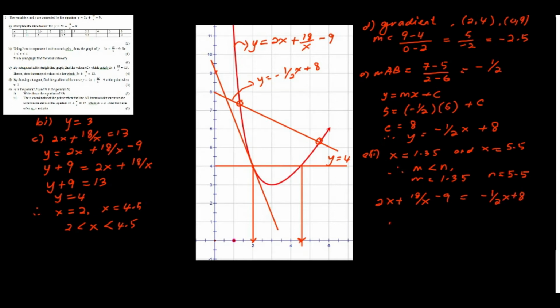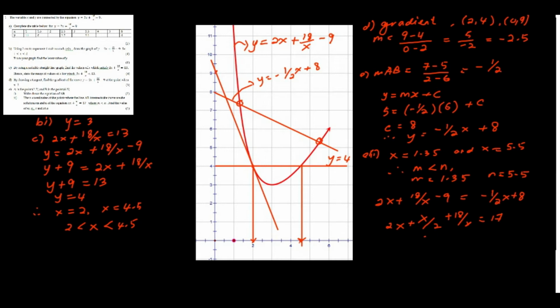You solve this equation and you will get 2x plus x over 2 plus 18 over x equals 17, because you need to get the form cx plus d over x.